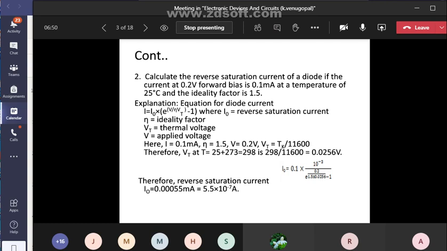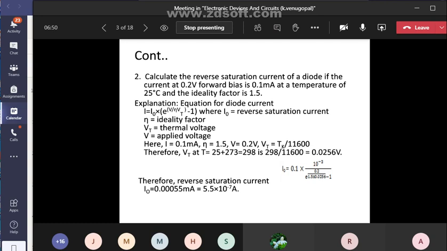Vt is 26 millivolts at room temperature. See here, at T equal to 25 plus 273, it is room temperature, so we get approximately 26 millivolts.